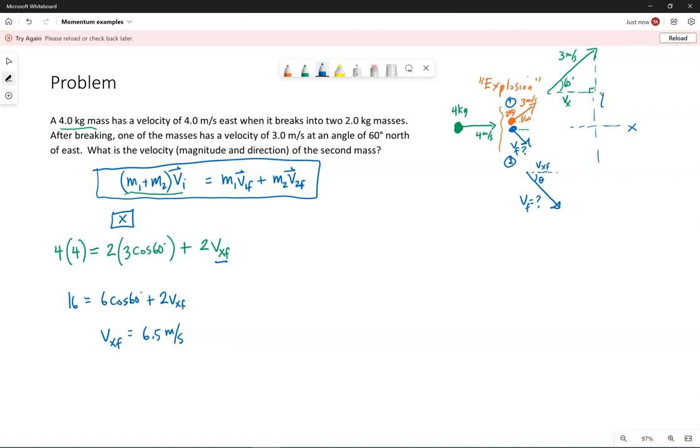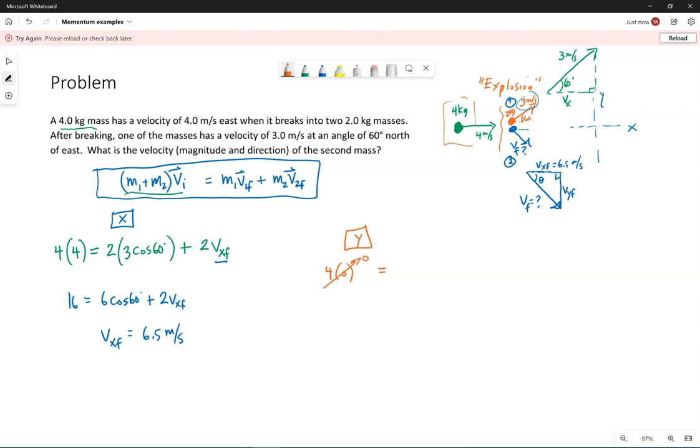So this second mass is going to be traveling quite a bit faster than this top one that's traveling at 3. So we now know this side is 6.5 meters per second. We can find Vy final looking at conservation of momentum specifically in the y direction. In the y direction, this original mass has no velocity. So we're saying that there's no momentum in this system initially, which is fine.